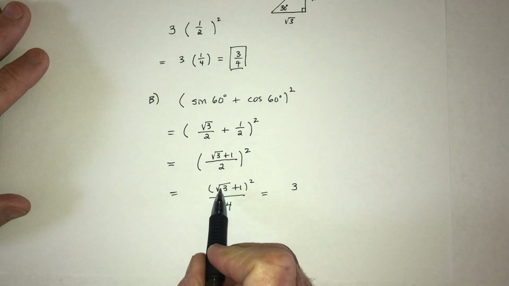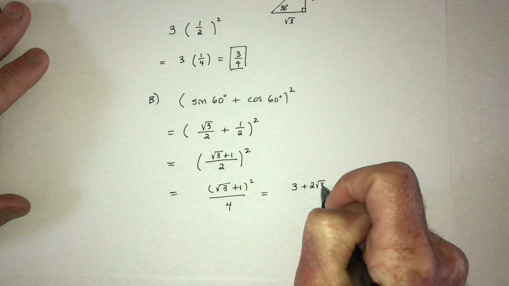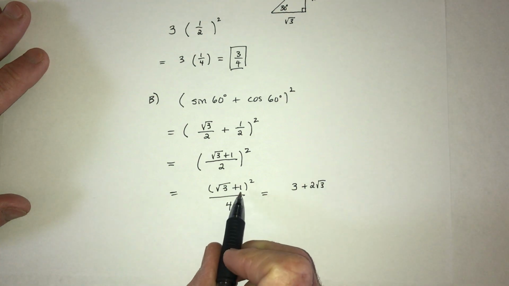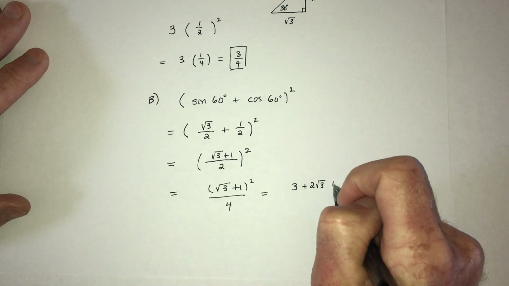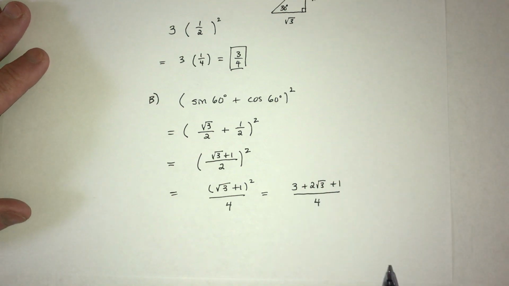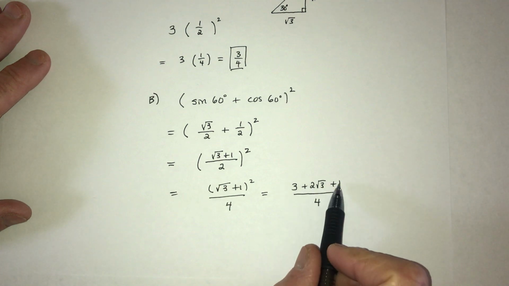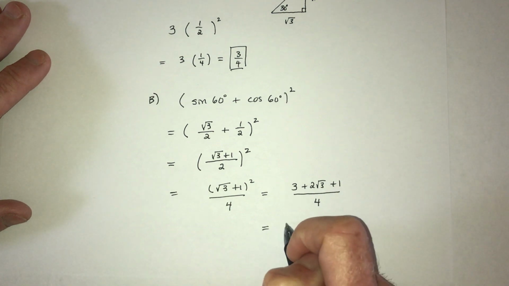Then multiply the 1 with the radical 3 and double the result. So that will make 2 radical 3. And finally, square the plus 1. That's plus 1. Well, then I have these common terms, the 3 and the 1 that I need to combine. So that would make 4.